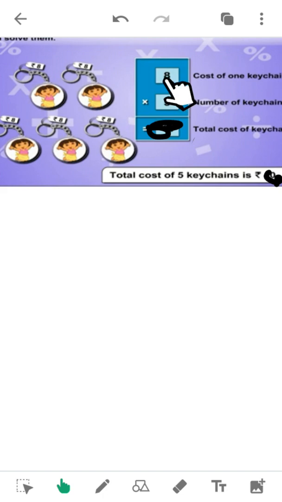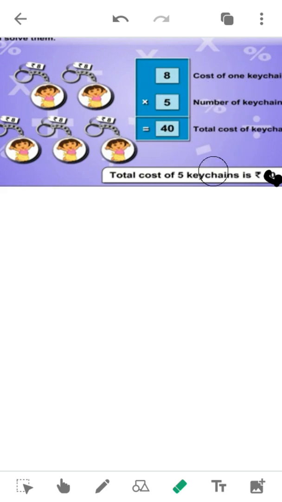So if we multiply 8 by 5, we will get the cost of all kitchens. 8 ones are 8, 8 twos are 16, 8 threes are 24, 8 fours are 32, and 8 fives are 40.